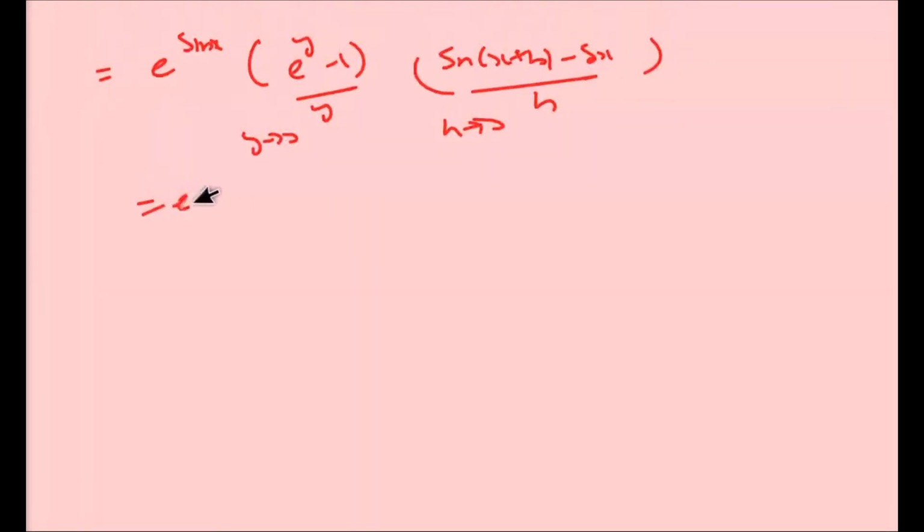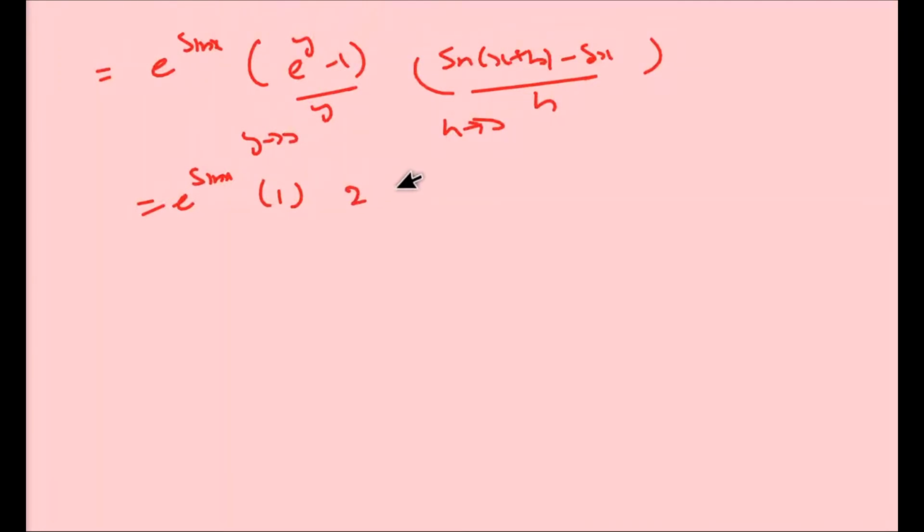So we can write e to the power sine x into 1, and we have already used these limits in the first principle in the previous video.